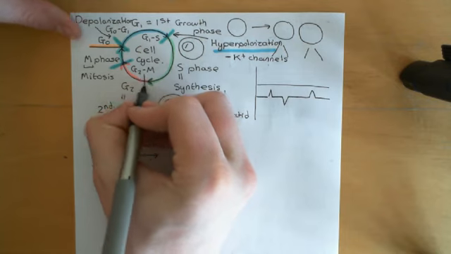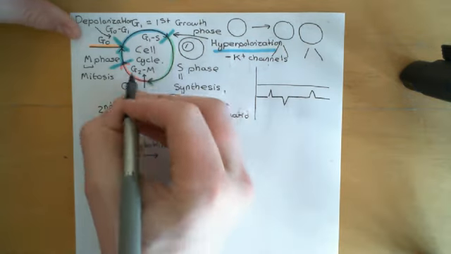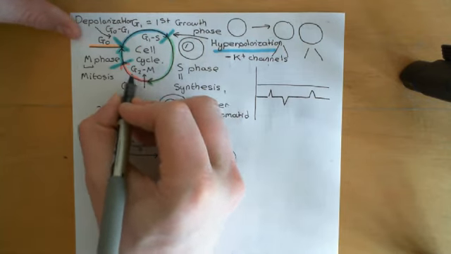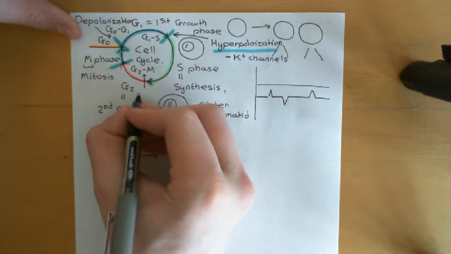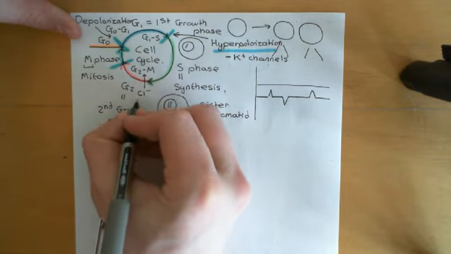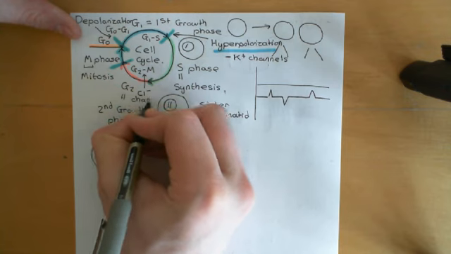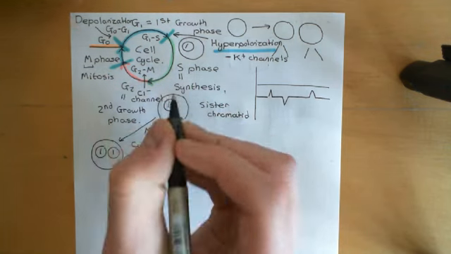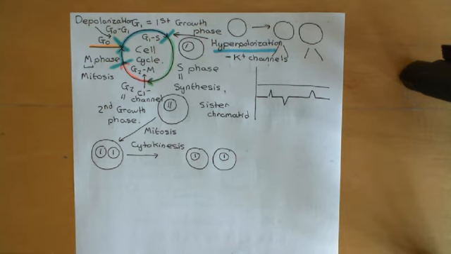Okay, and in the G2M transition, the thing that causes the depolarization here is believed to be chloride channels opening. Okay, and we haven't discussed chloride channels in detail, we haven't looked at their structures in detail, but we will be seeing several examples of chloride channels throughout this video.